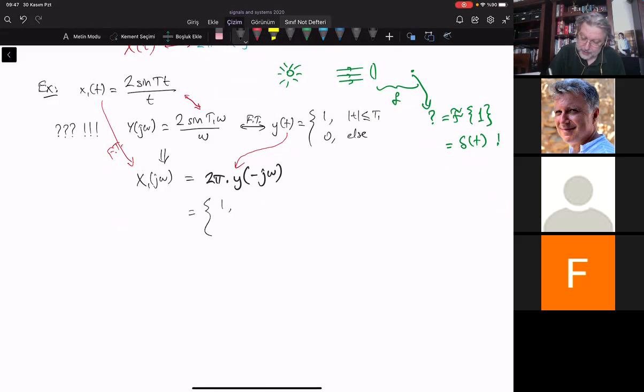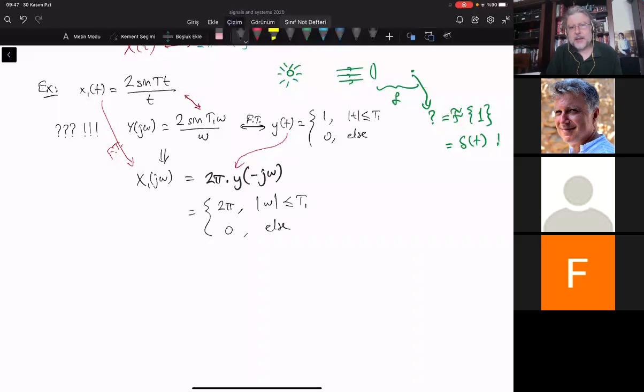No, it's 2 pi times that one. So it's not really 1, it's 2 pi. I can write it like that when omega is less than or equal to capital T1 and 0 else.